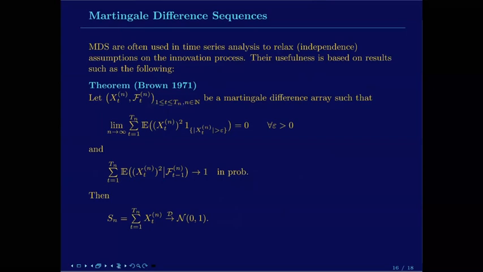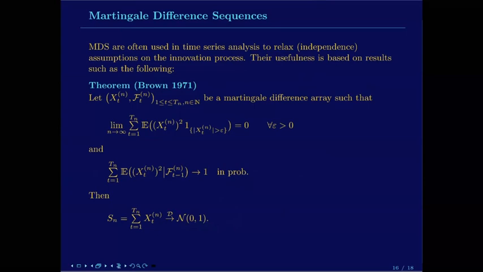So they form a triangular array. And we make certain assumptions. They are actually similar to the assumptions needed for the more general forms of the central limit theorem. So this establishes that the variance of our process equals the variance of the limiting standard normal distribution.